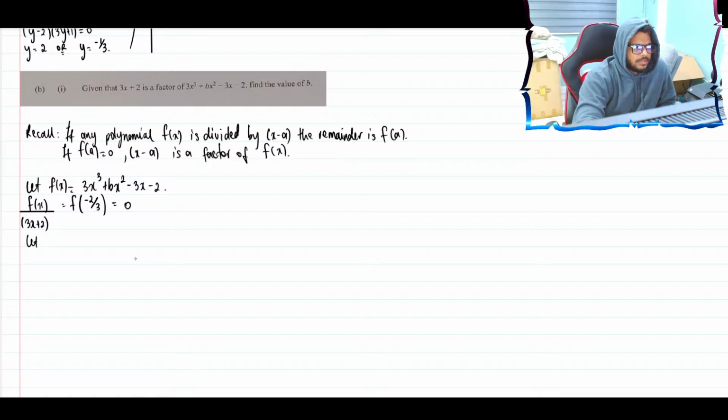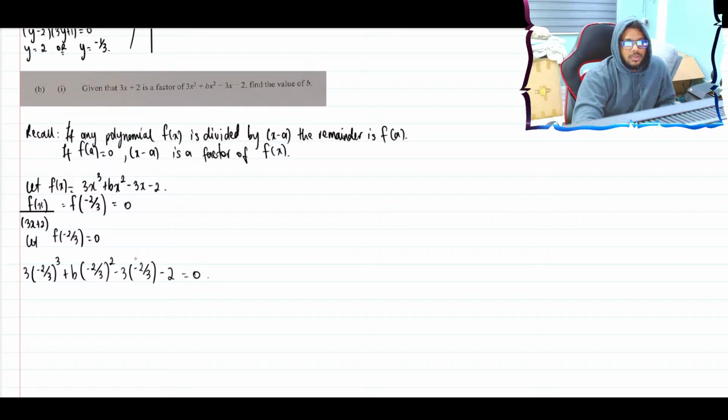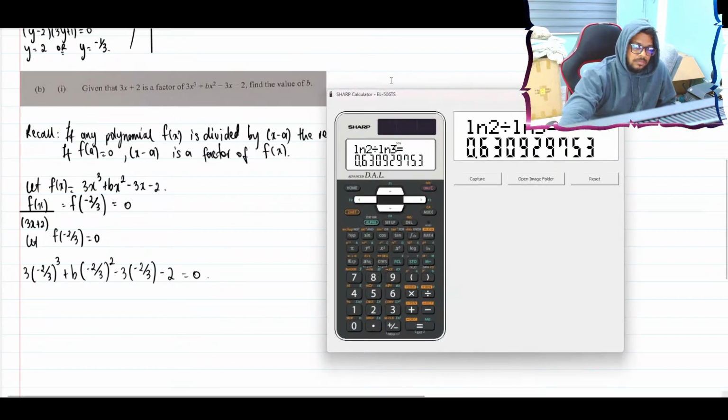So I let f of minus 2/3 equal 0: 3 into minus 2/3 cubed plus b into minus 2/3 squared minus 3 into minus 2/3 minus 2 is equal to 0. This question is easy to make a mistake in, so take your time.